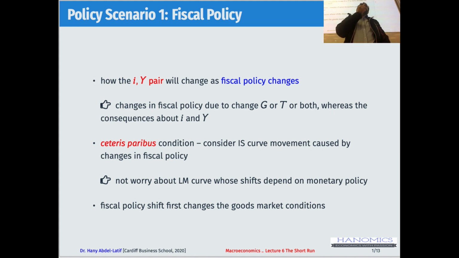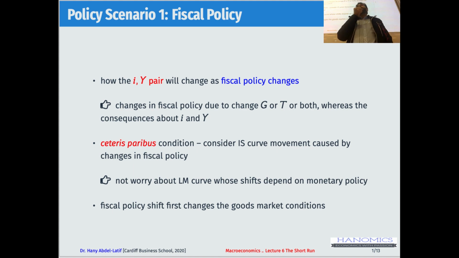Again, just to remind you, when we talk about a change or a policy shift, we assume the ceteris paribus condition applies, which means that we will consider the movement in the IS curve that's caused by the fiscal policy. We're not worried much about how the LM curve would shift, because we know that the LM curve would shift because of a change in monetary policy.